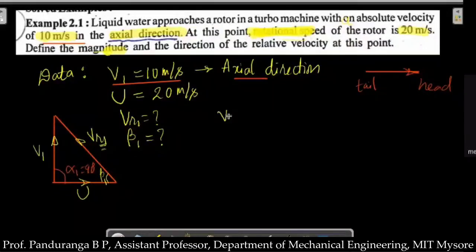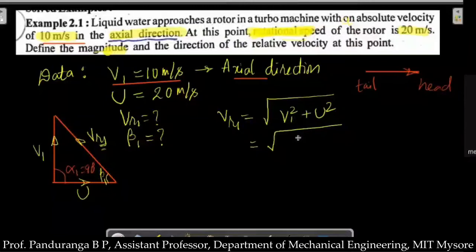So VR1 will be equal to square root of V1 square plus U square. You can substitute the values and tell me the value of VR1. So V1 is 10 squared plus U is 20 squared.